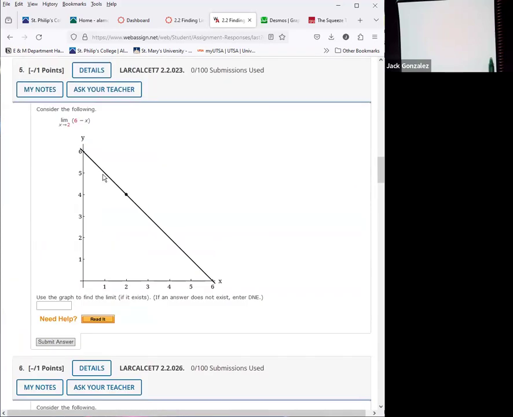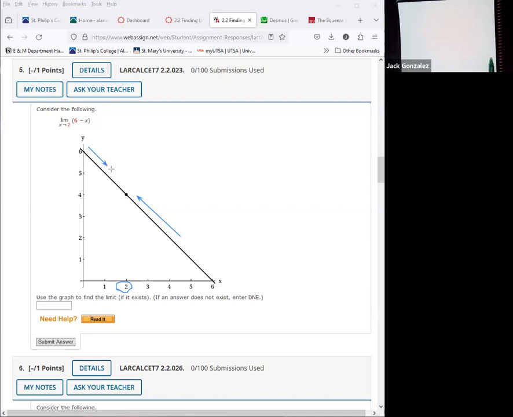So here you're doing graphs, which is kind of what we've been doing. But check it out. As I get closer and closer to the limit 2, which is right here, as I get closer and closer to that point, what is the function doing?